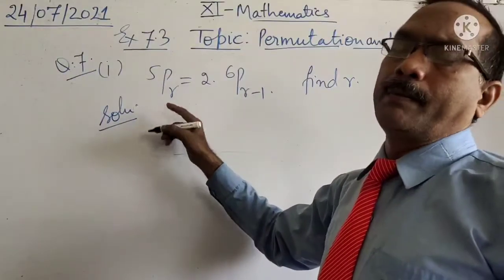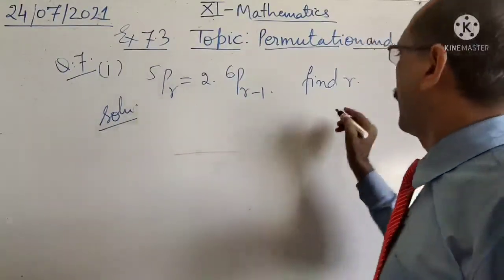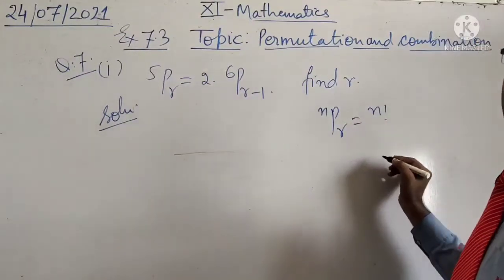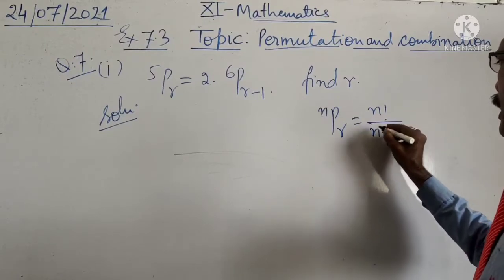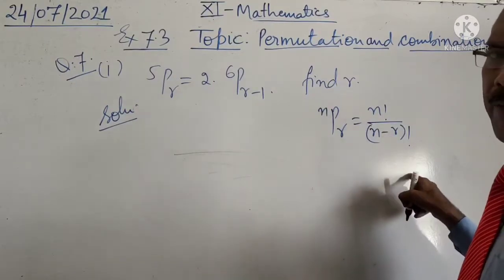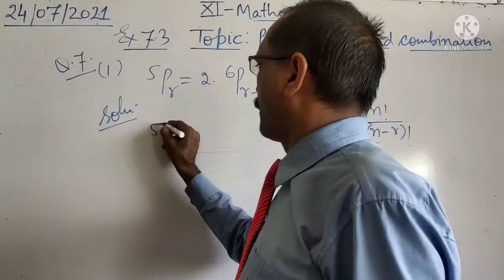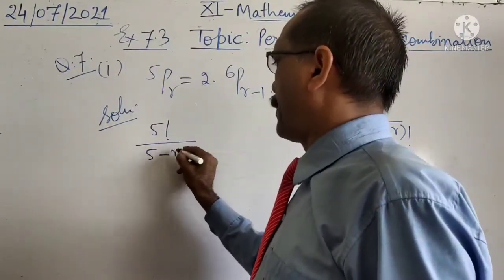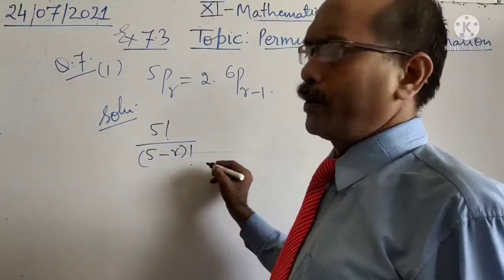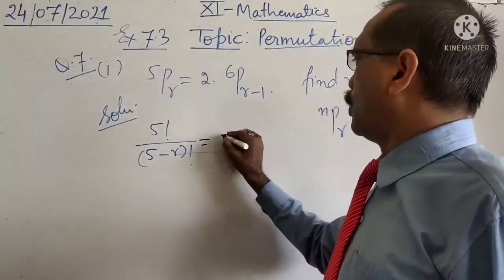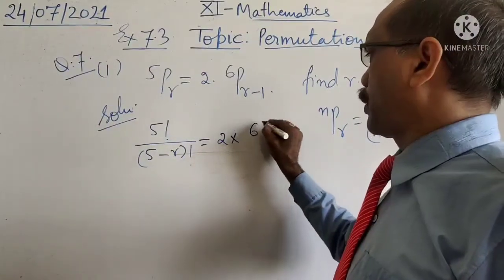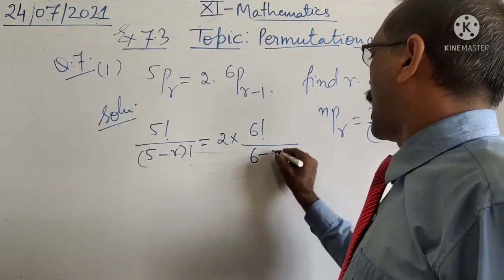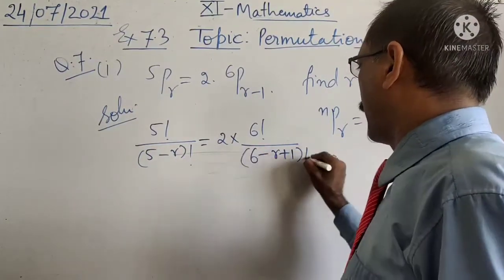Dear student, we will apply the formula of permutation. nPr is n factorial upon (n minus r) factorial. So it is 5 factorial upon (5 minus r) factorial is equal to 2 into 6 factorial divided by (6 minus (r minus 1)) factorial.